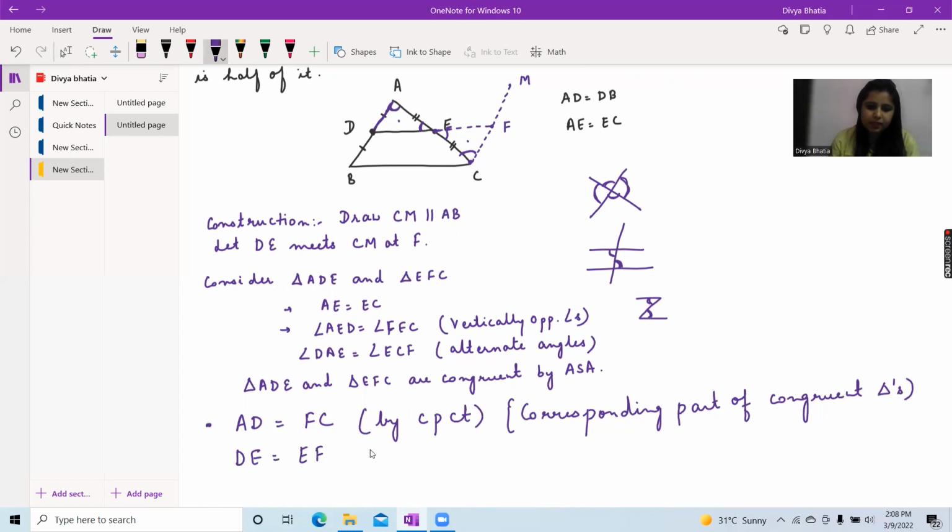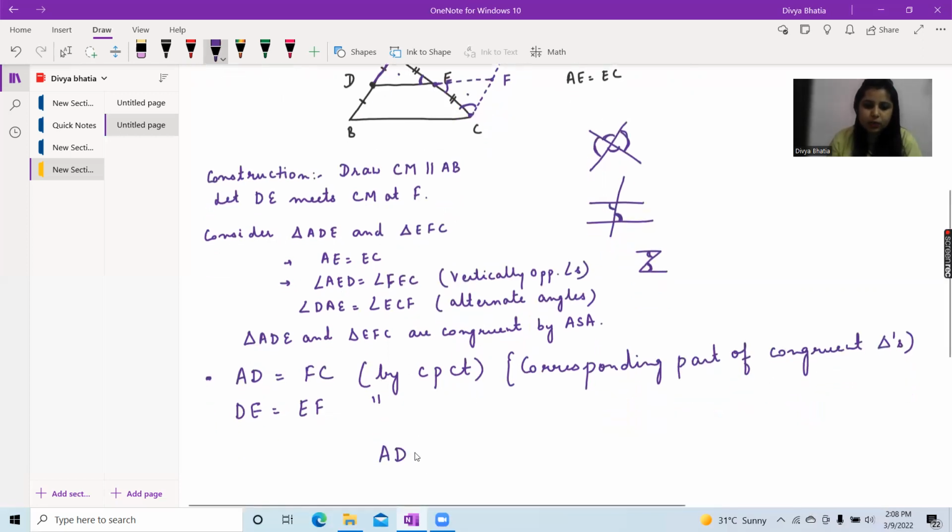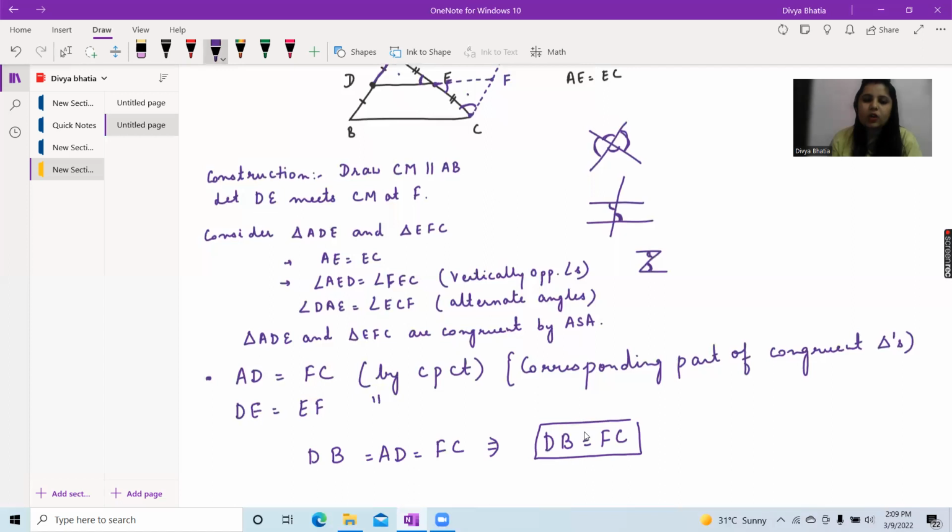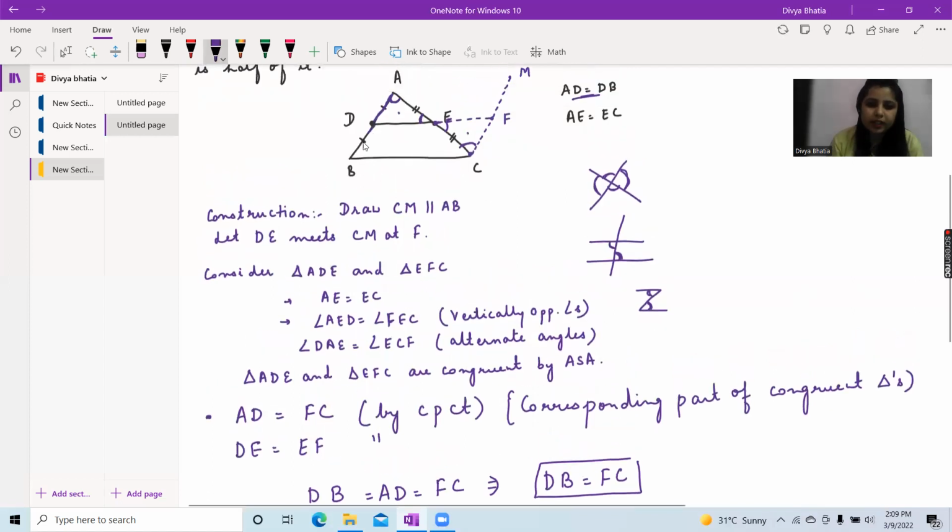Again by CPCT. Now see, AD is equal to FC and AD is also equal to DB. So AD is equal to DB because D is the midpoint, and AD is equal to FC, as we have just proved. So from this, I can say DB is equal to FC. Now consider this quadrilateral, this four-sided figure, DFCB.